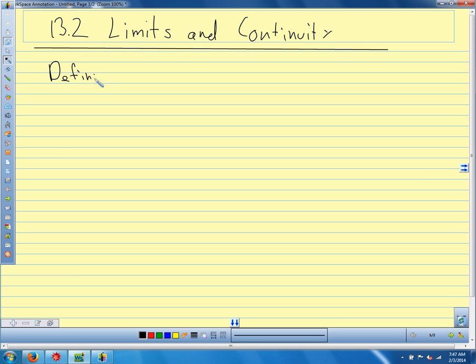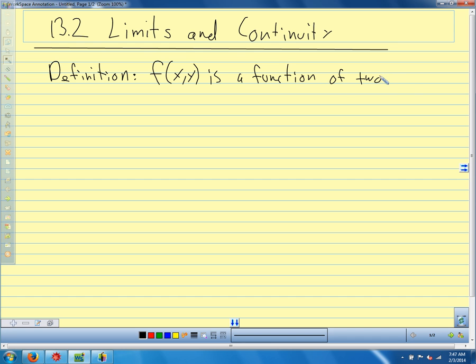And this should sound familiar. So we're saying that f of x,y is a function of two variables, and L is a real number.